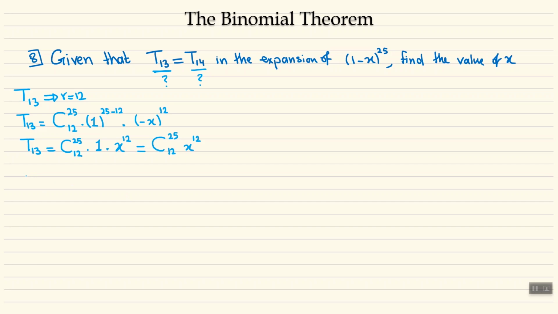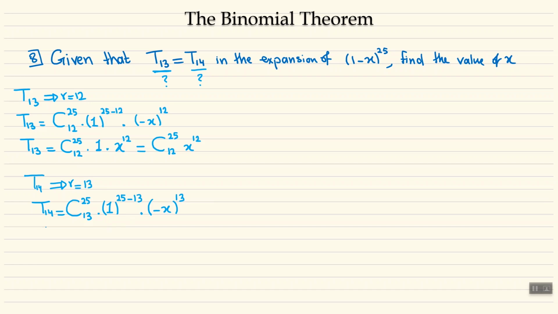Using the same manner, find T14. So T14. If it's T14, then R is how much? R is 13. So T14 equals combination N and R. R is 13, huh? Times A to the power of N minus R times B, which is minus x, to the power of R.